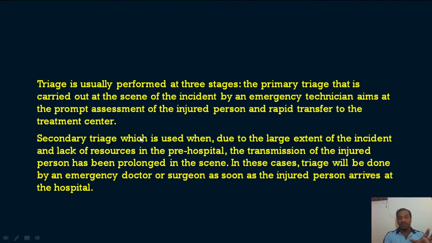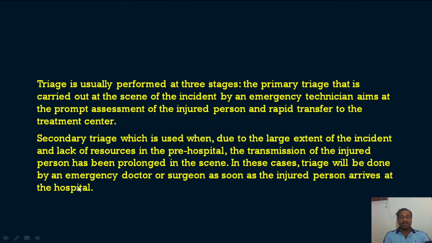Now comes the secondary triage, which is used when, due to the large extent of the incident and lack of resources in the pre-hospital setting, that means at the injured site, the transfer of the injured person has been prolonged at the scene. In these cases, triage will be done by an emergency doctor or surgeon as soon as the injured person arrives at the hospital.